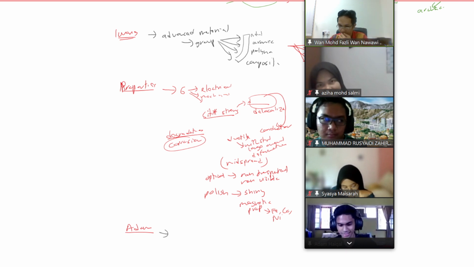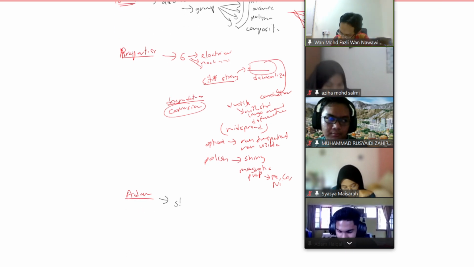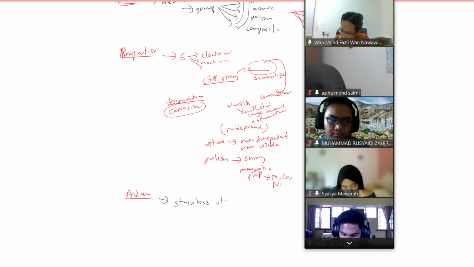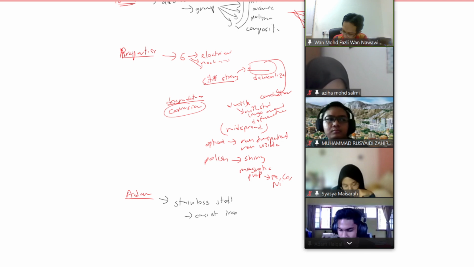Okay. Stainless steel, as you said, consists of iron, carbon with 2%, and chromium 11%.